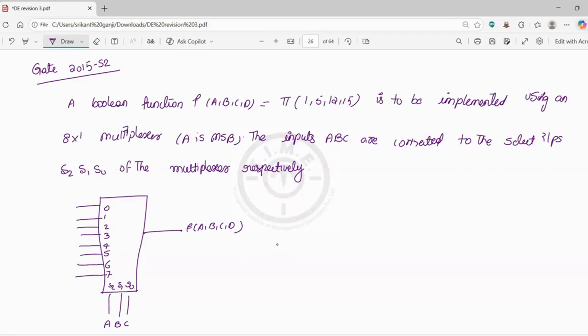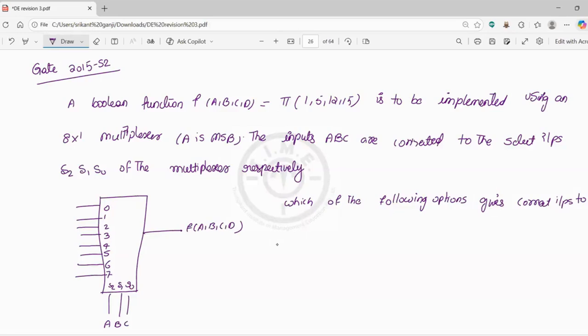Which of the following options gives the correct input to pins 0, 1, 2, 3, 4, 5, 6, 7 in order?